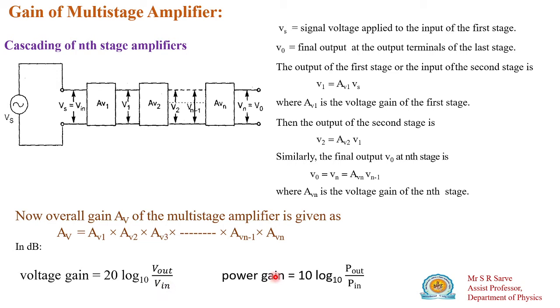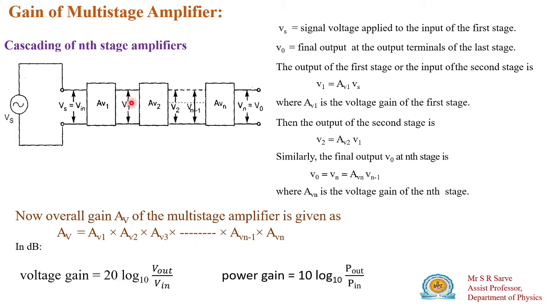For power, it is 10 log to the base 10 of output divided by input. You may be confused about why there is a 10 here and a 20 there. Power is proportional to voltage squared, so when you take the log, the 2 comes out as a multiplier, giving 20.